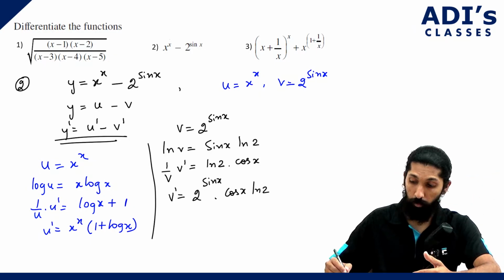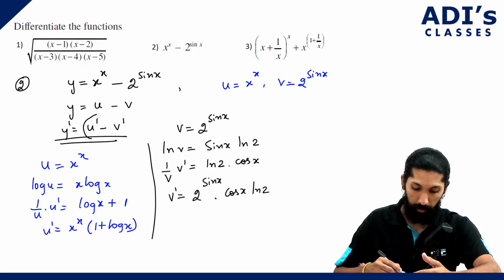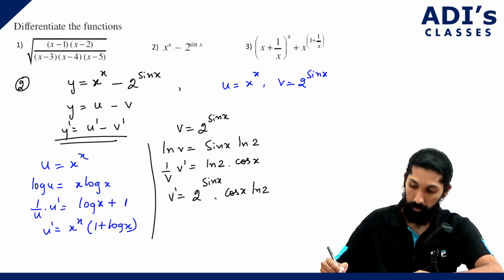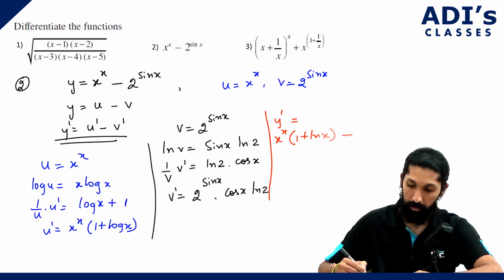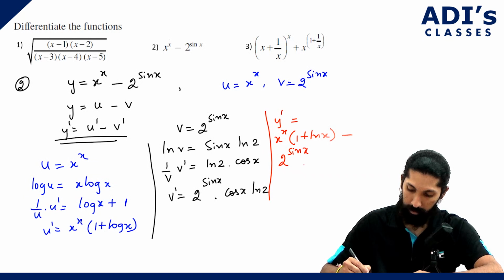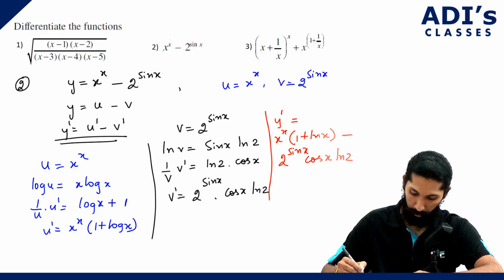So what you are going to do? Substitute that in terms of u dash and v dash. Alright? So if you substitute, then finally you will have the answer as y dash is equal to x power x into 1 plus log of x minus, you will have 2 to the power of sin x into cos x into log 2.